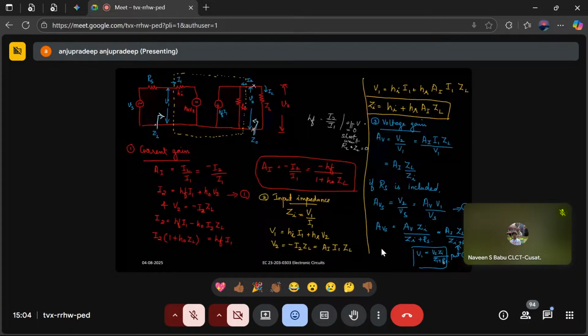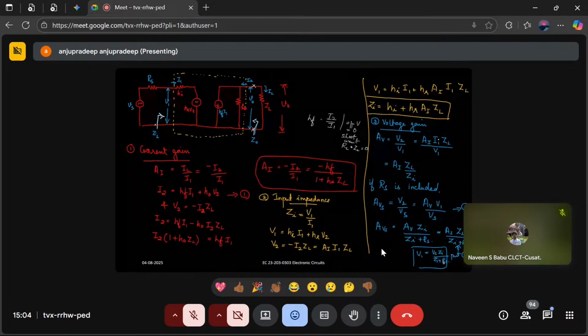Yes, miss. Okay. So the third one is voltage gain. What is voltage gain? Output voltage divided by input voltage. And output voltage is V2. V2 we have already defined with current gain, amplified input current into load. So AI I1 into ZL.